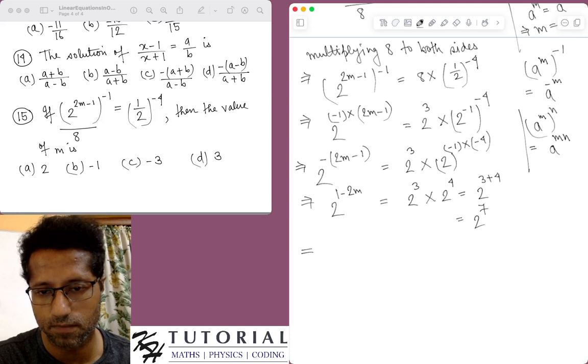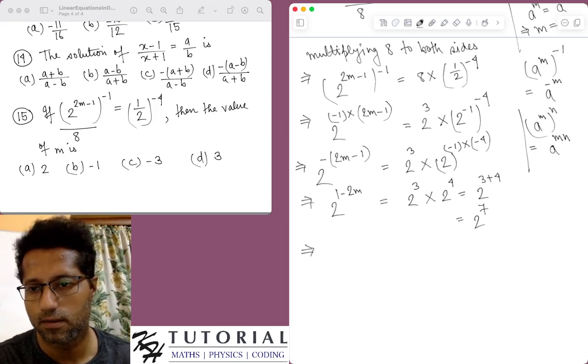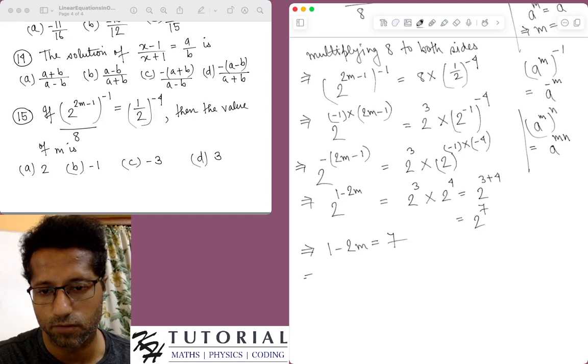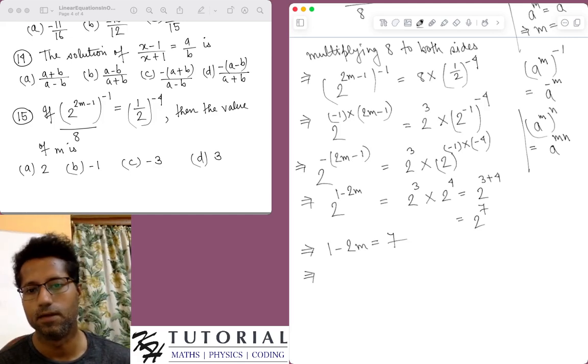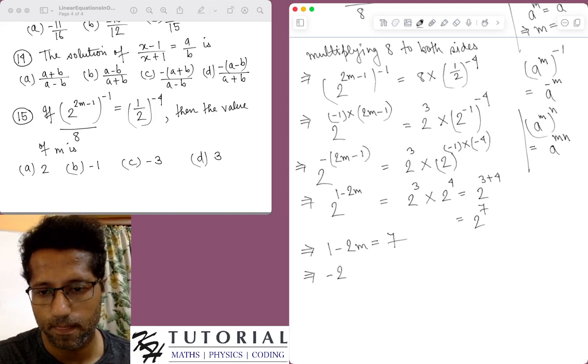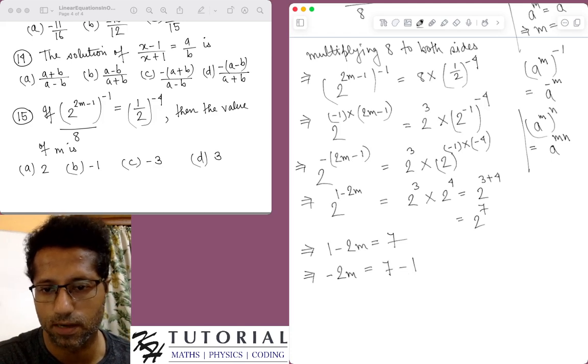So bases are same, so we can now equate the powers. So this becomes 1 minus 2m equals 7. Now we have to solve this equation in the variable m. I will keep the variable on the left hand side and all constant terms on the right hand side. This becomes 7 minus 1.